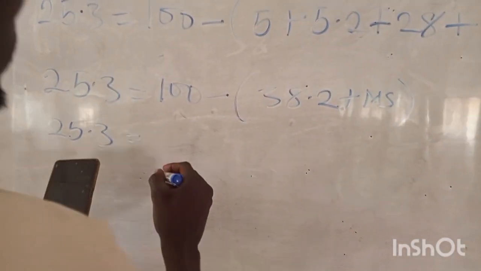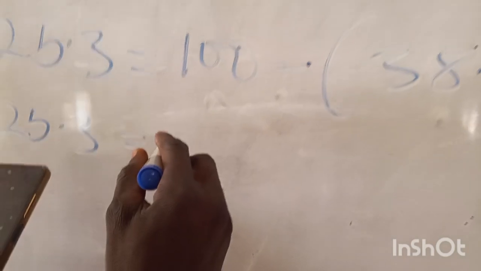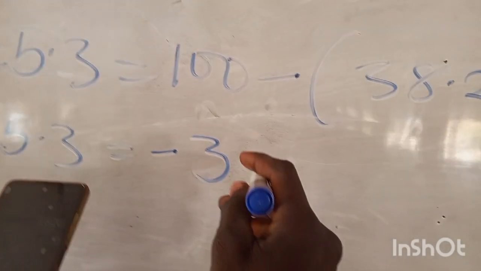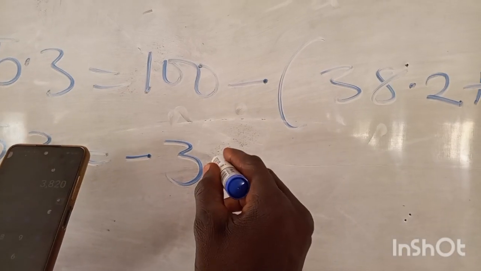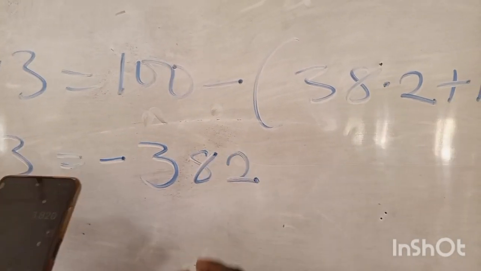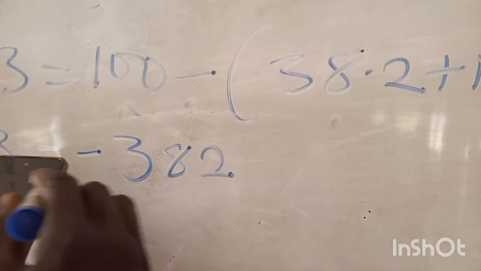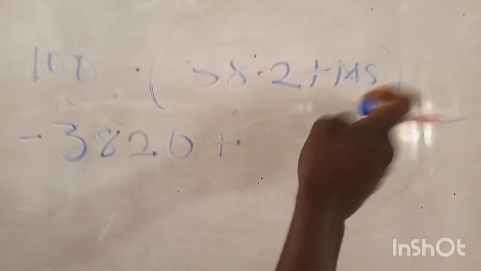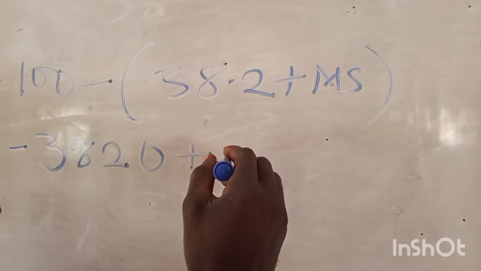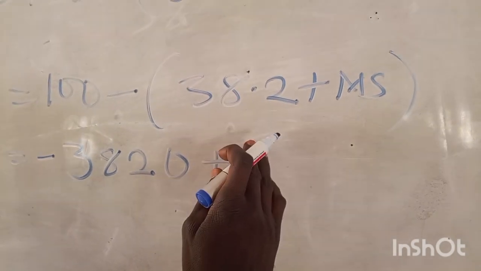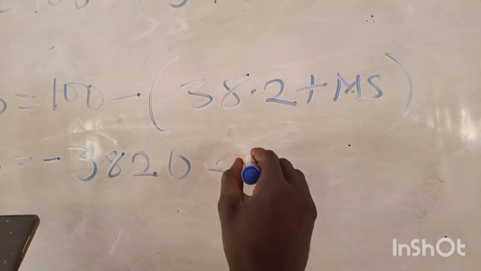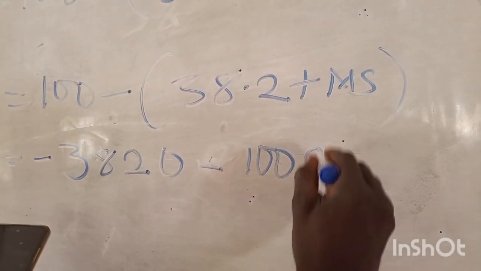That is 3,820, minus 3,820. Plus, times minus is minus. Okay. Then minus 100 MS.